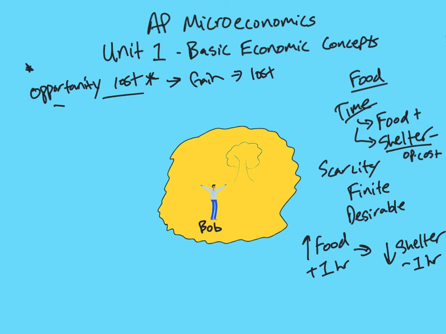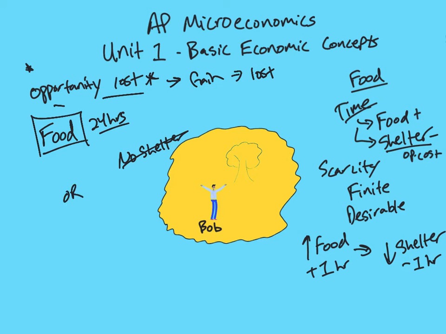And so you have to say, well, is that worth it? You could look at it like this. You could say Bob is only going to look for food. This is all that he's going to do. He's going to spend all 24 hours in his day looking for food. Well, that's a pretty big opportunity cost because he has no shelter in that scenario. Or you could say all he's going to do is build a shelter for 24 hours.